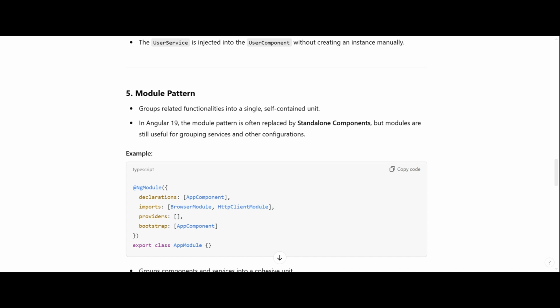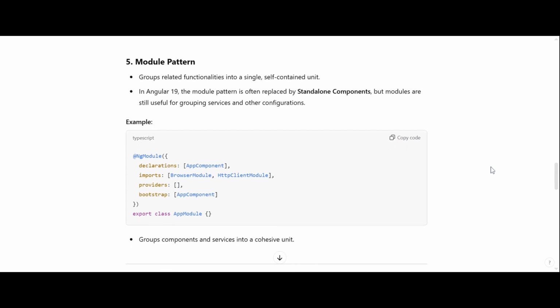It groups related functionalities into one. Standalone components are becoming more popular. If I talk about Angular 19, this module pattern is often replaced by the standalone components.